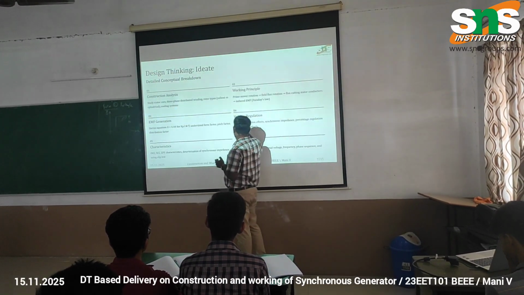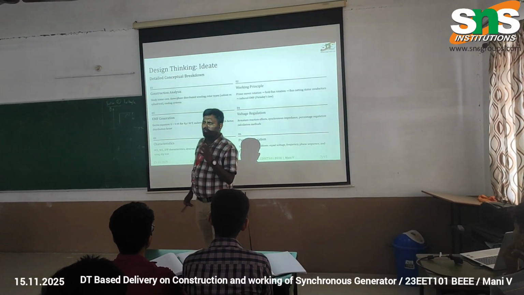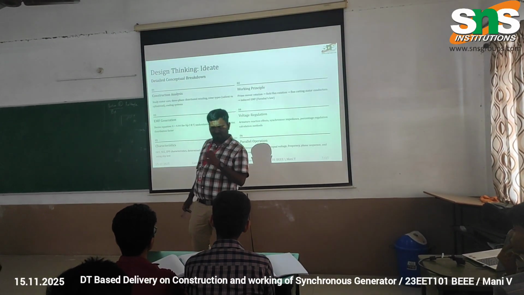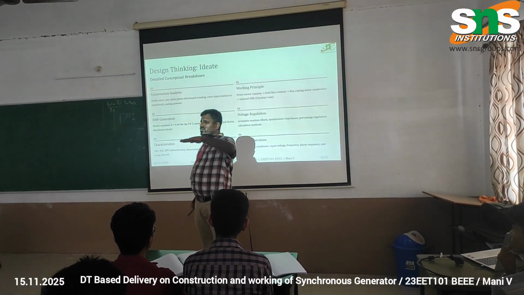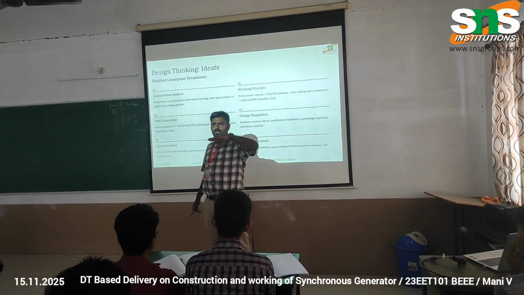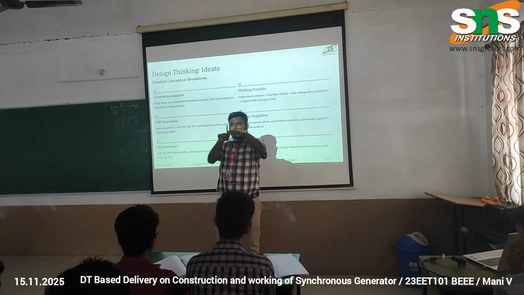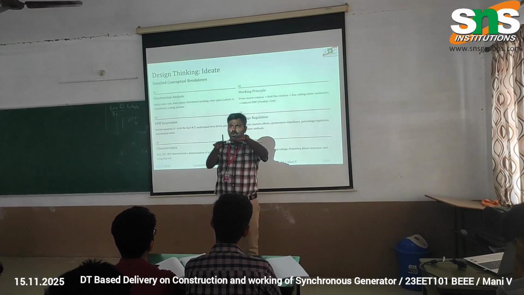Okay, the next is voltage regulation. Now the synchronous generator is inducing a voltage of 400 volt or 415 volt at no load condition. If the load is increased, the voltage should not decrease or fall immediately. We have to maintain an almost constant value, almost equal to the no load voltage.